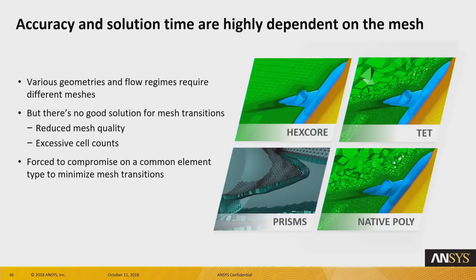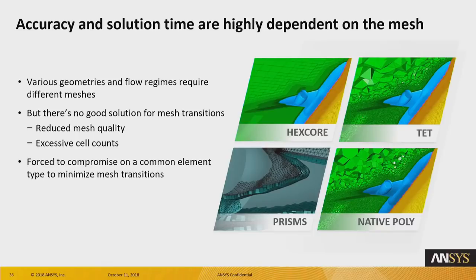Very often we had to compromise. We had to use tet elements in the very challenging regions of the geometry, or polyhedral elements, and we would prefer to use hex elements everywhere else, where the geometry is not a limitation. And then we would have to somehow transition in between.